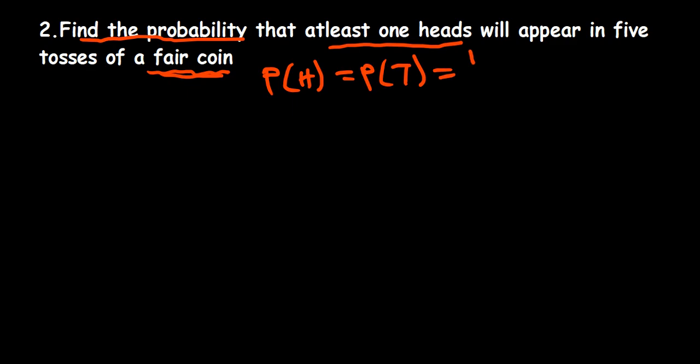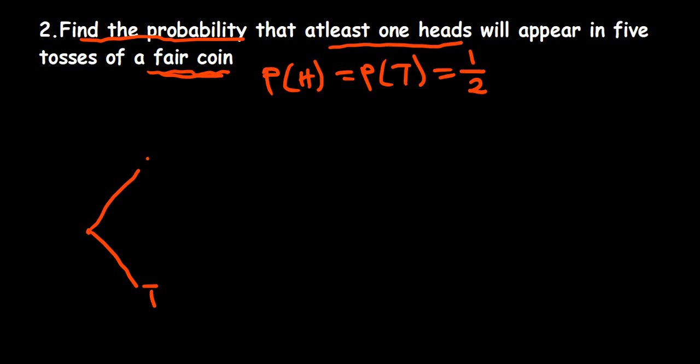So how are we going to find this probability in 5 tosses? We are going to use the tree diagram and the complement rule. For the tree diagram, in the first toss you can either land tail or head.